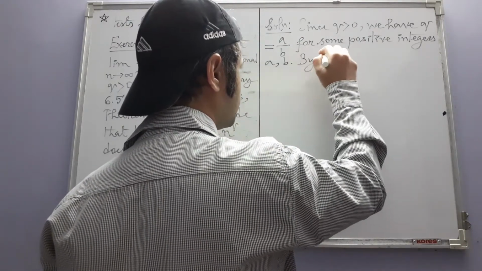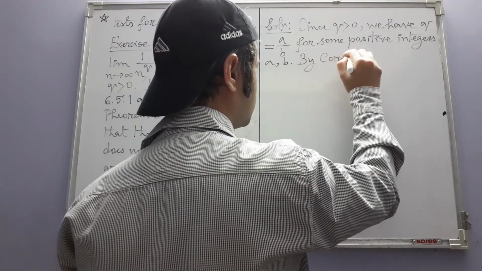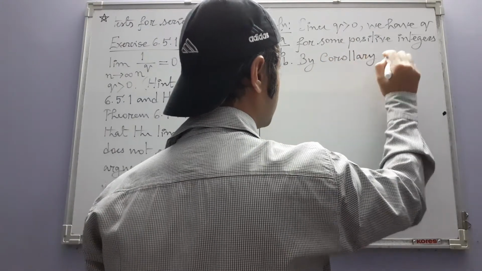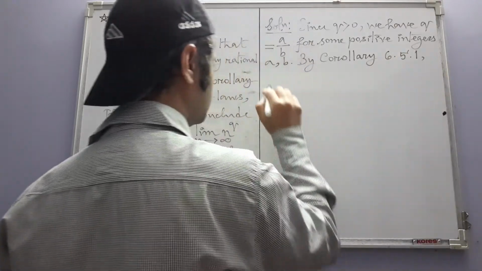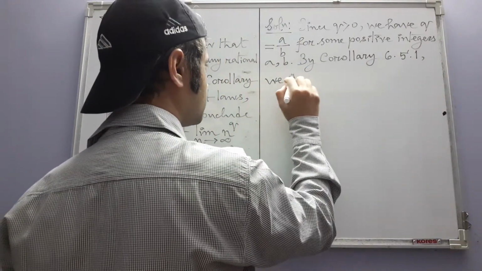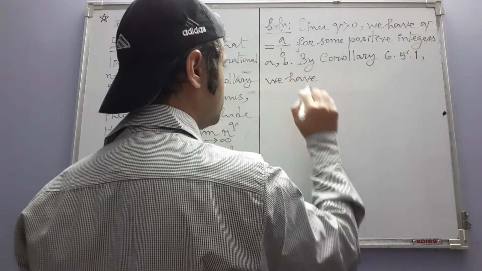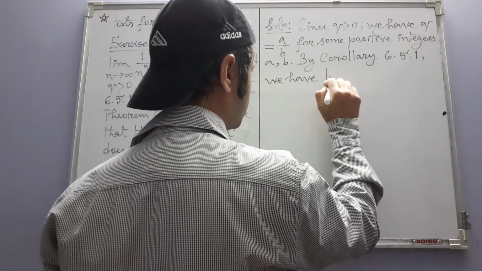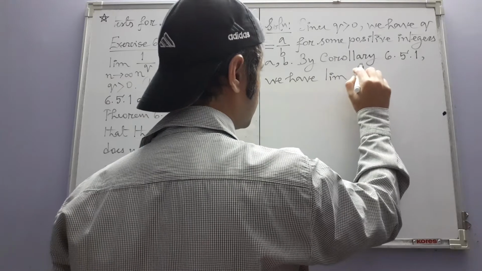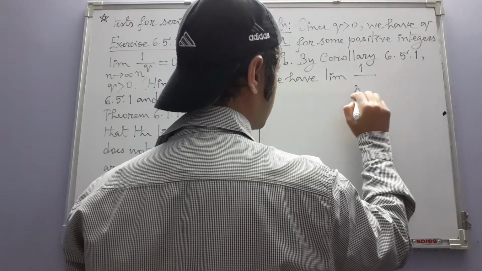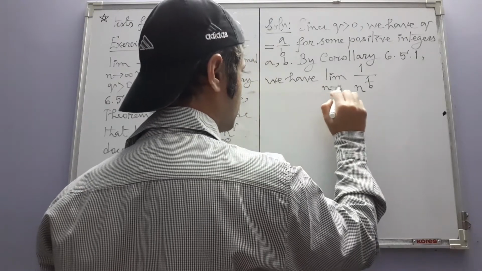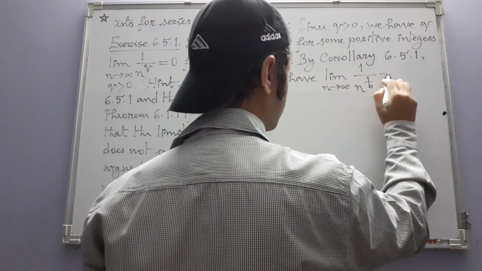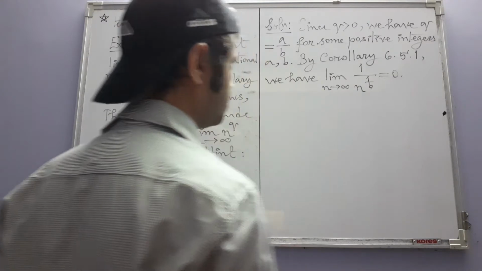By corollary 6.5.1 we have this limit, 1 over n to the power 1 by b as n tends to infinity, is 0.